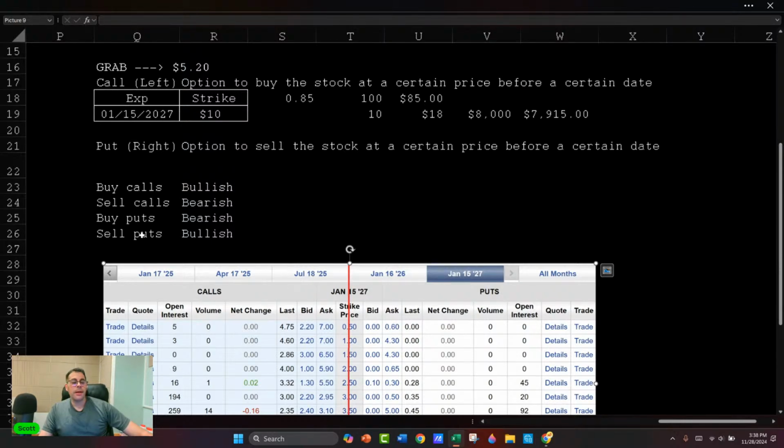I know my friend, he likes to sell puts on stocks he really likes. And if it goes down, he just collects his premium. But if it goes up, then he just buys the stock, which he would have anyways.